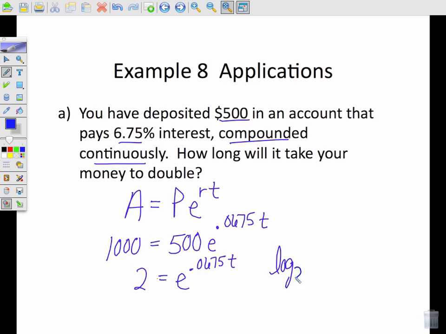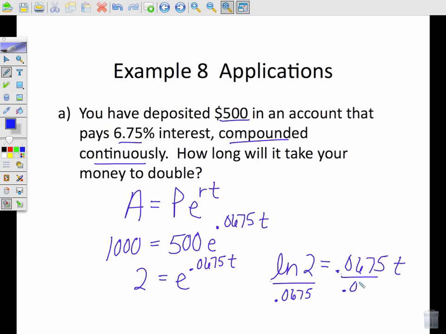You write this in logarithms. Your logarithm would be log with a base of 2. Excuse me, not with base 2. It'd be the natural log, base e, of 2 equals 0.0675 t.